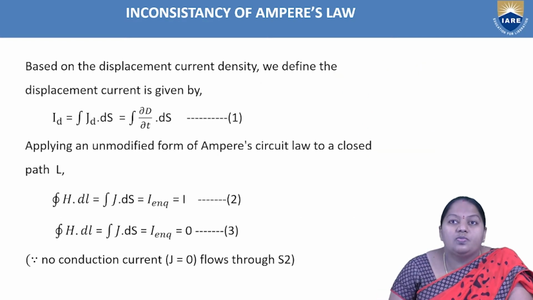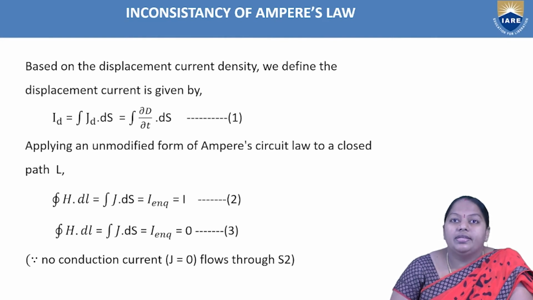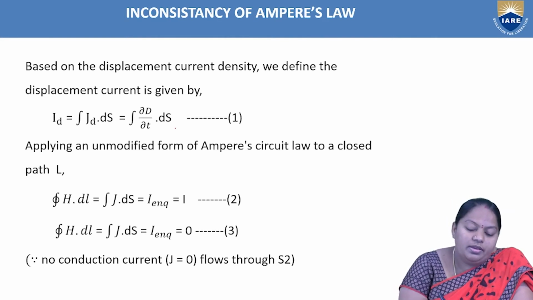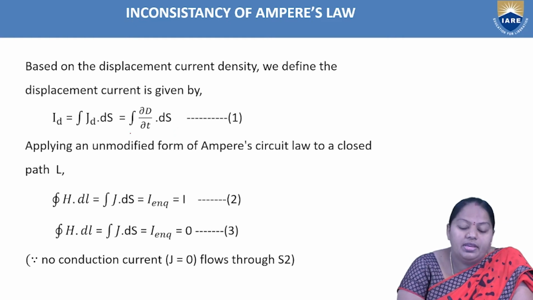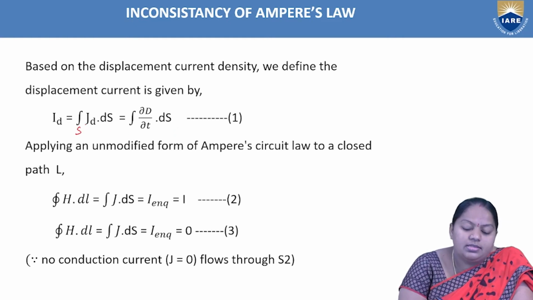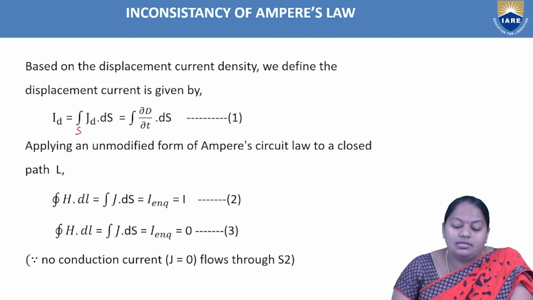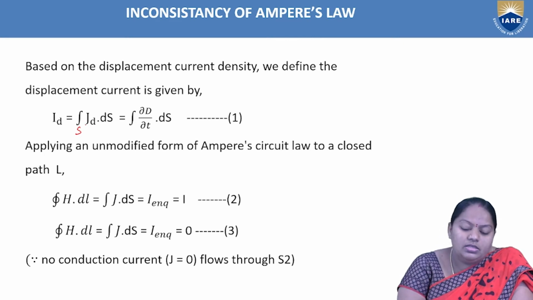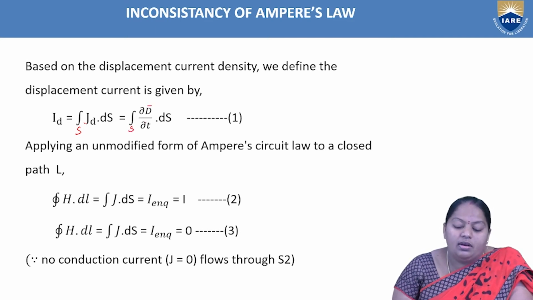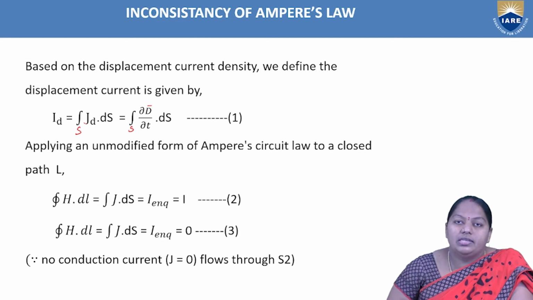So based on the displacement current density, we define the displacement current, and it is given by the mathematical equation Id equal to integral over S of JD dot dS. And we know that JD is defined with respect to the electric displacement as integral over S of dou D bar by dou t into dS.